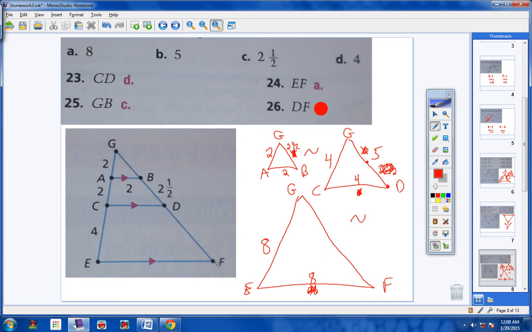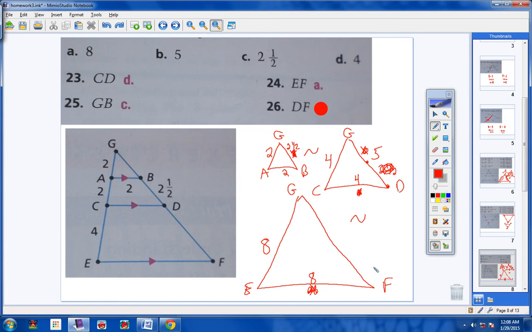Okay, now, we know from here to here is 2.5. So we know from here to here is 5. Now think about it. If I can find this whole length and then subtract this part out, then I'll know this part here. So I'm going to try to find the whole length of GF.